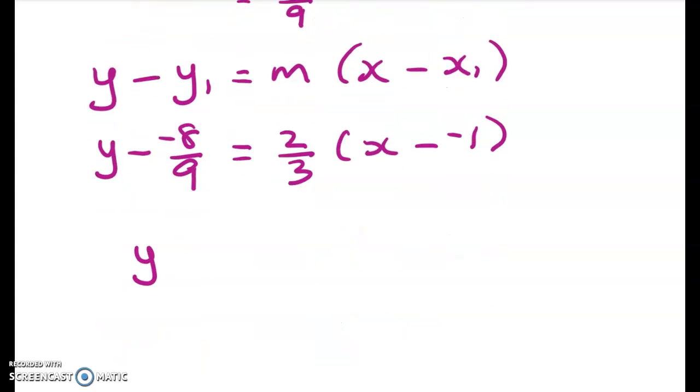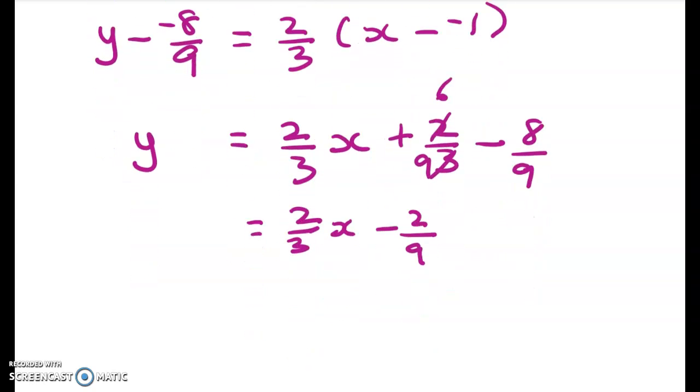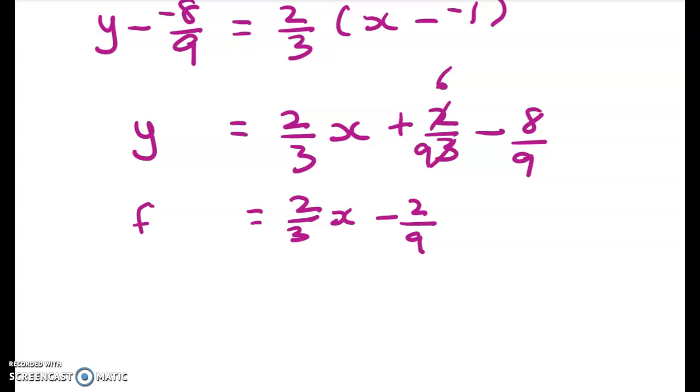Just make sure when you're doing questions like this that you do check your working back to make sure you haven't dropped any negatives. So it's going to be 2/3 x plus 2/3 minus 8/9, which gives me 2/3 of x plus 6/9 minus 8/9. So 2/3 of x minus 2/9. So that's y, that's my tangent line.